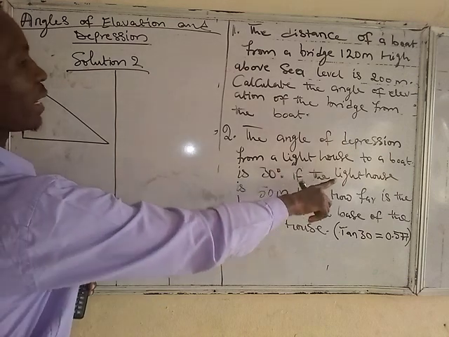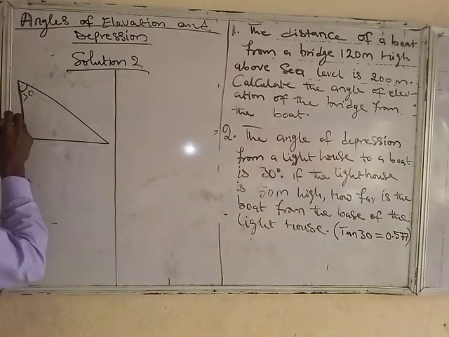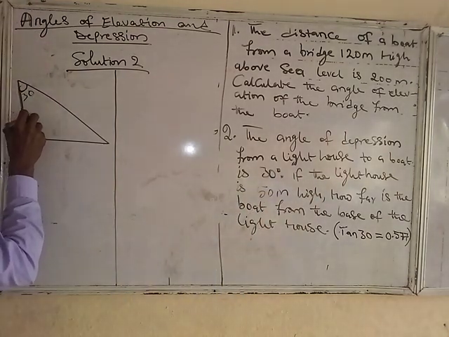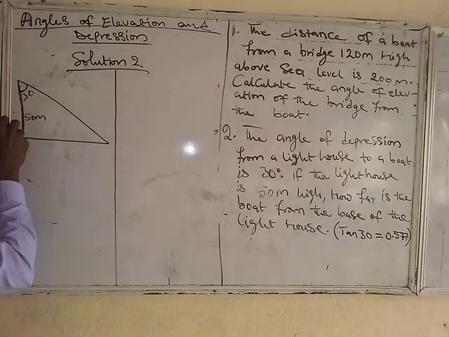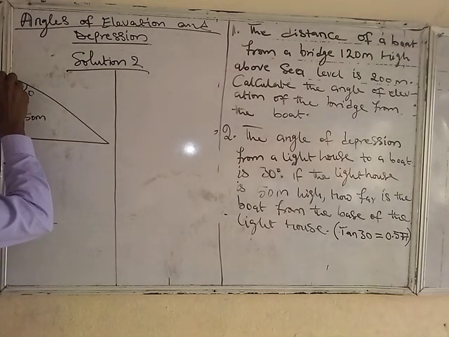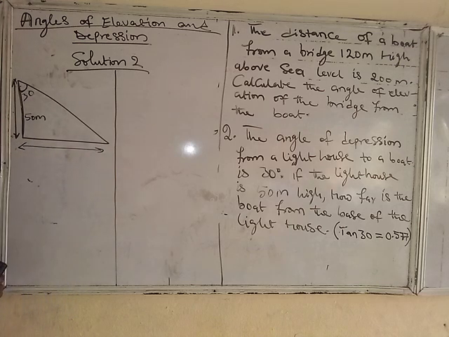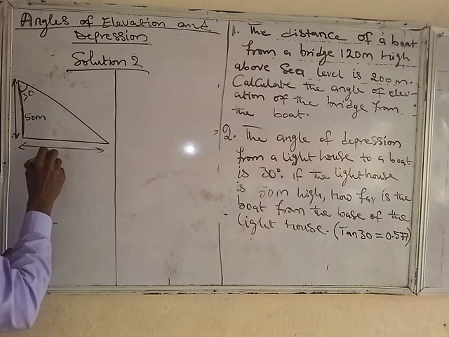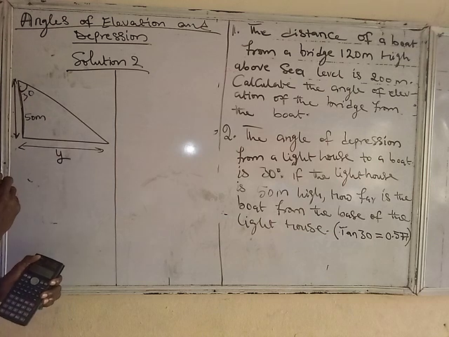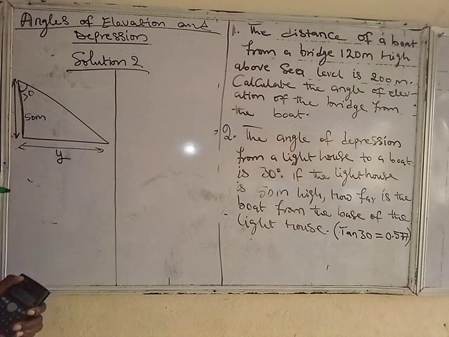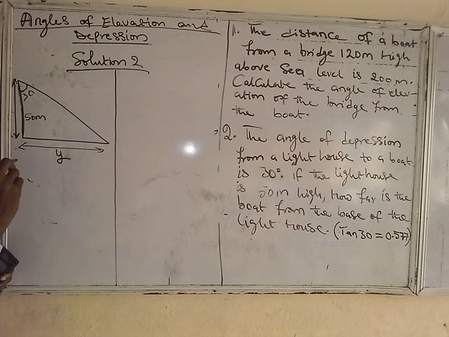And the height is what? 50 meters. So, here is 50 meters. That is this place. The distance is not given. So let's say let this distance be y. So if the distance be y, using SOH CAH TOA again, tan is what we are going to use.